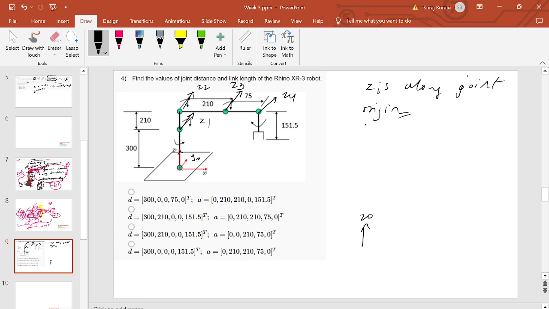And how we find the origins? Origins are at the common normal between Zi and Zi minus 1. So this will be O1 because the common normal to Z1 and Z0 passes through here, right? Again, the common normal between Z2 and Z1 intersecting Z2 is here, so O2. Common normal between Z2 and Z3, intersecting Z3 is here, O3 and O4. So we got the origins.